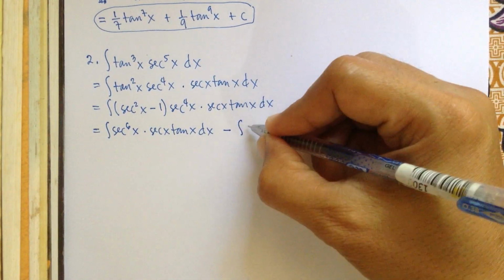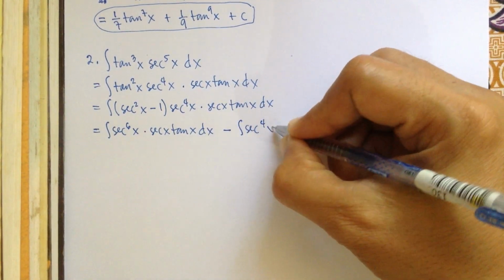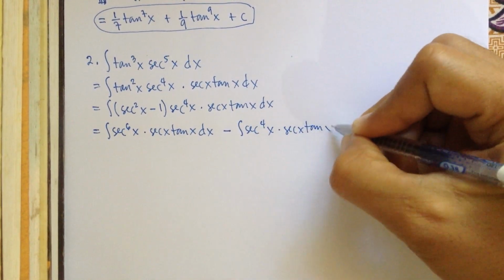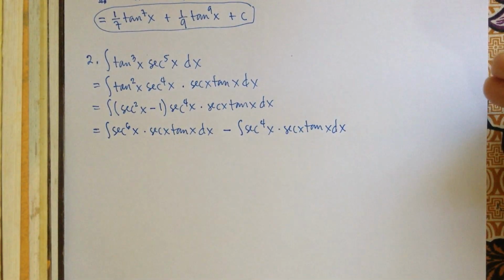Okay, so we have secant to the 4th x times secant x tangent x dx.